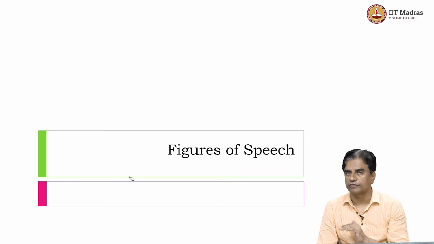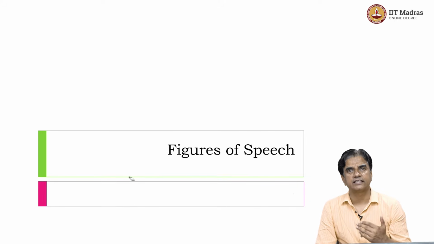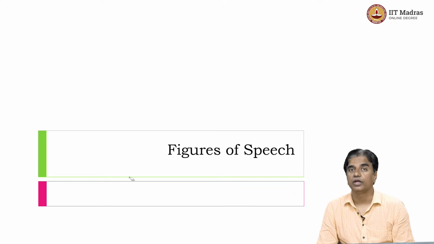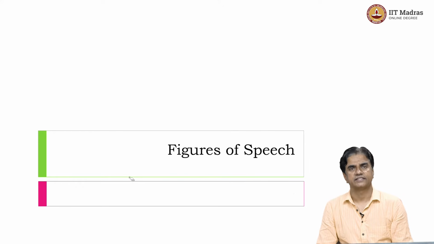Before we go to the list of figures of speech, we need to add one more specific point about it. That figures of speech and the capacity to use them effortlessly is also a native capacity. Native capacity means we acquire them effortlessly from the context when we use them, that is, when we learn the language using them from our immediate surroundings.